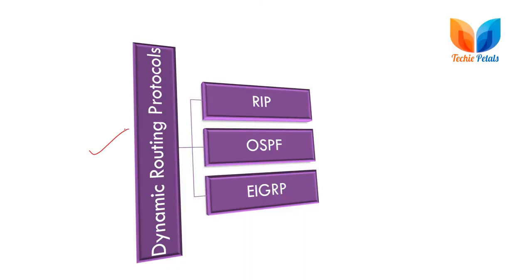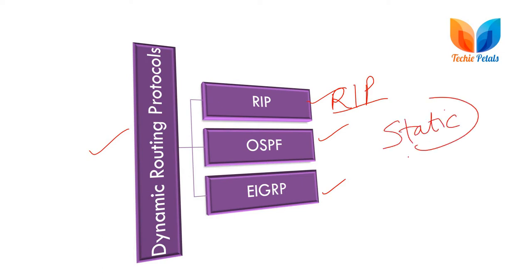Here the dynamic routing protocols are RIP, OSPF and EIGRP. We have done dynamic routing with all these protocols in earlier videos, but this time we are going to use only the RIP protocol to configure the network. You can also try this practical with OSPF or EIGRP, it's up to you, but we are not using static routing here because static means a defined route.